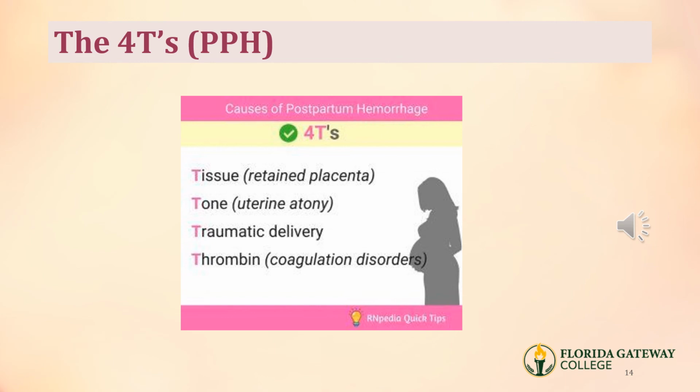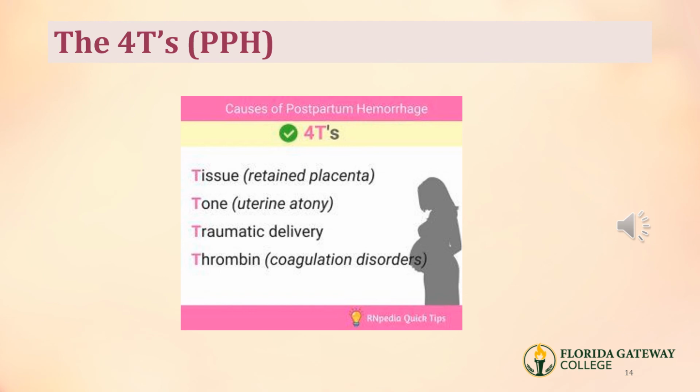All right, so talking about postpartum hemorrhage, what things can cause it? These are called the 4 T's. So tissue, meaning maybe part of the placenta is retained. When mom delivers baby and placenta, the physician should be taking a look at that placenta to make sure all the pieces are intact.